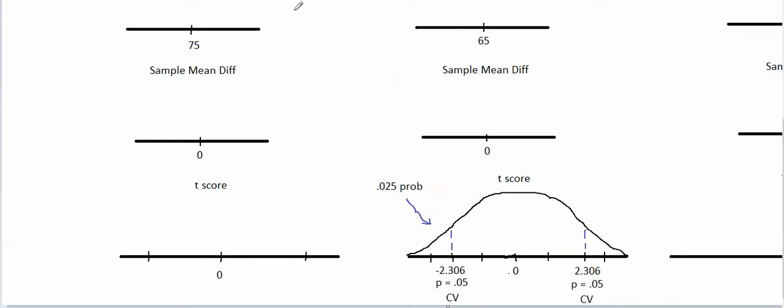And the probability of the t-score landing in this tail is also 0.025, because 0.05 divided by 2 is 0.025.